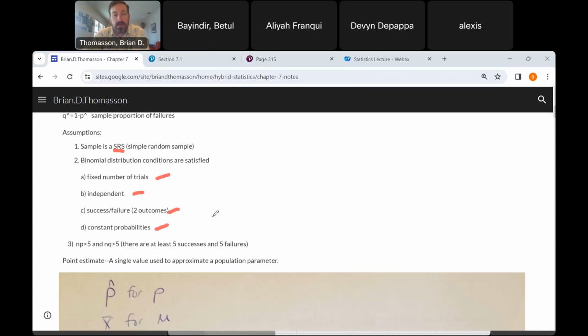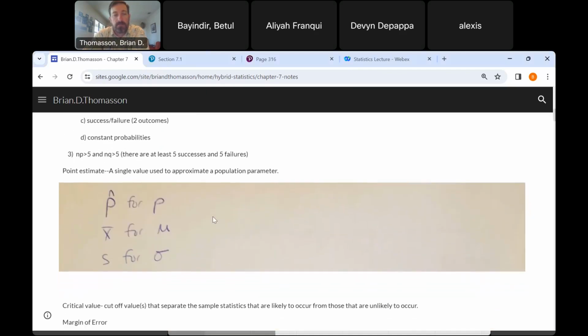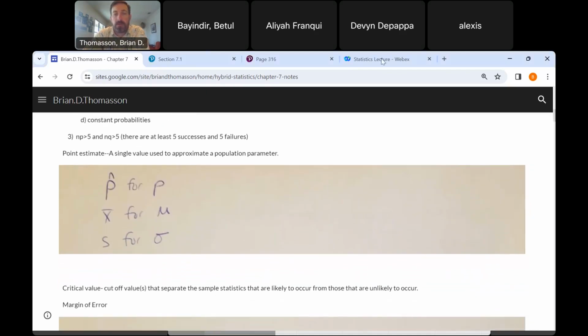Okay, so let's talk about this point estimate, and then we're going to build from that. The 2 we're going to cover today, and the only 2 we're going to cover, are these first 2. What we're talking about here is the point estimate. In this first section, we're trying to estimate the population proportion P, our true proportion.